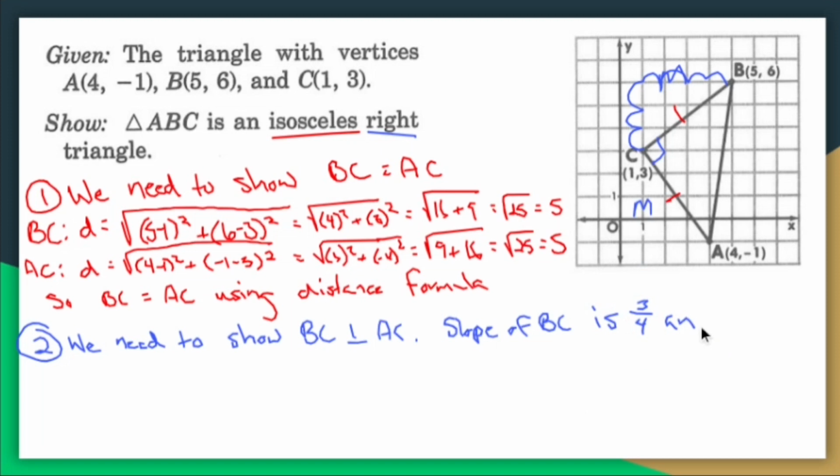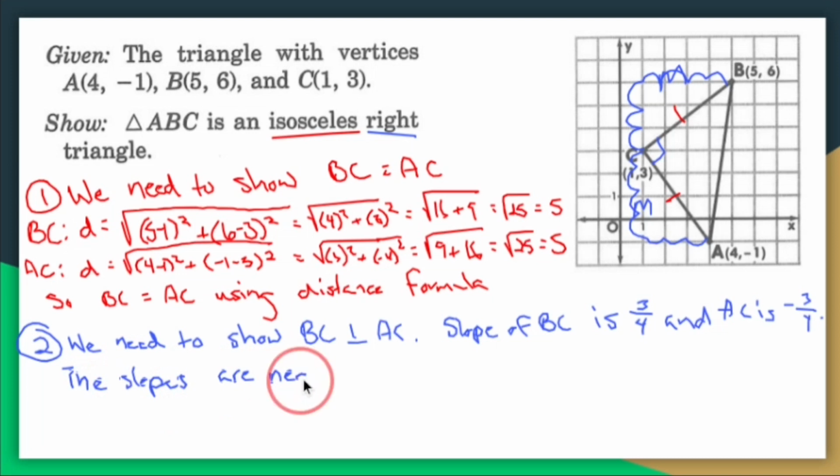And AC is down 1, 2, 3, 4, 1, 2, 3. So negative 3 over 4. The slopes are negative reciprocals.